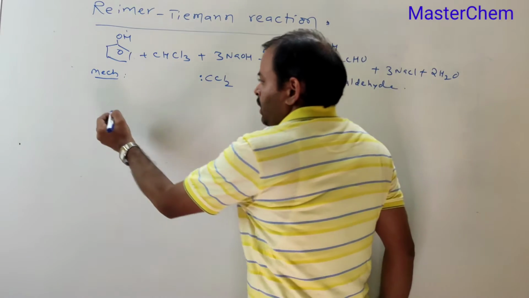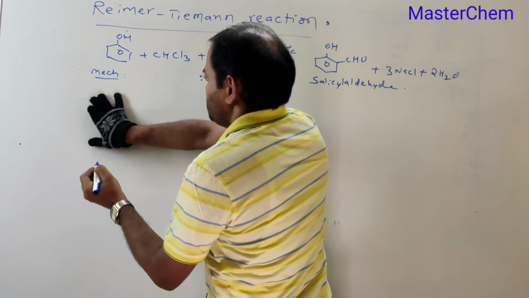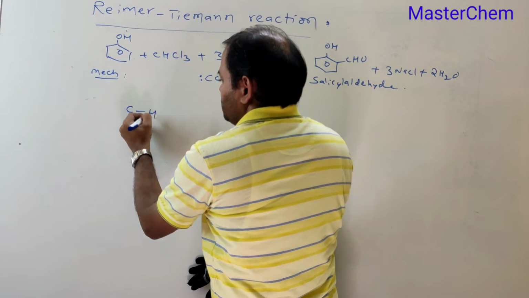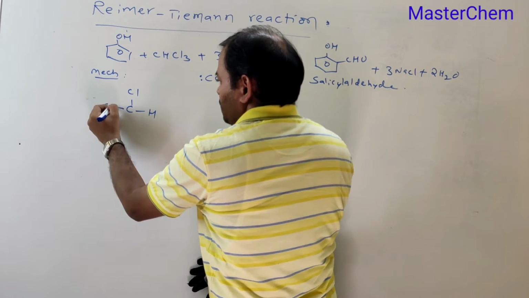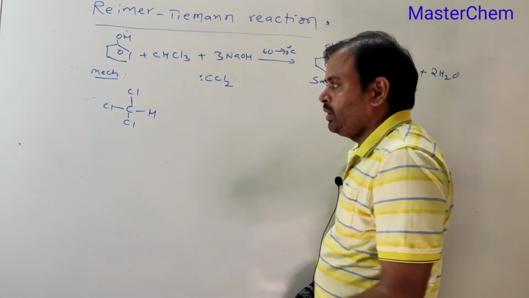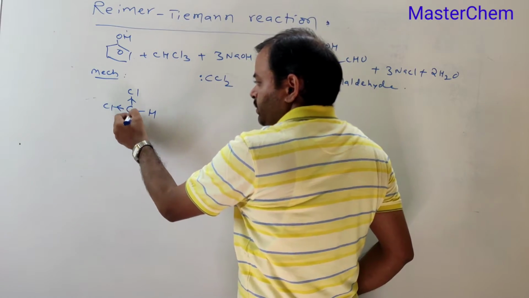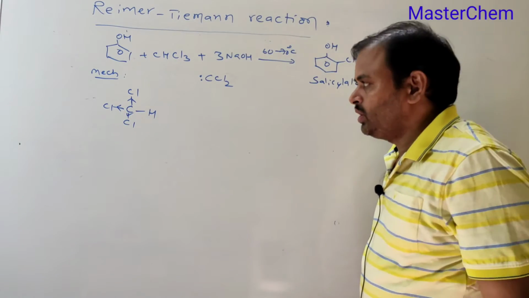First, from phenoxide, CHCl3, chloroform. On this carbon, the three chlorines have an electron-withdrawing nature.